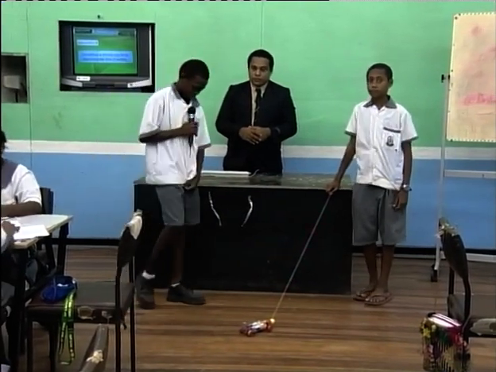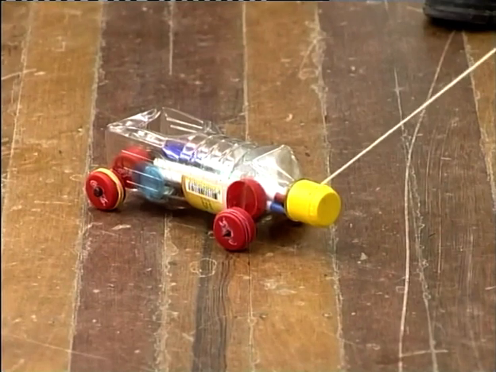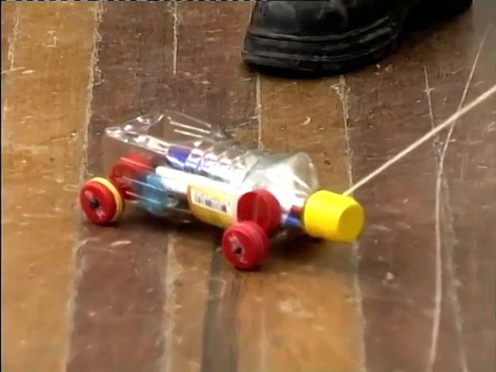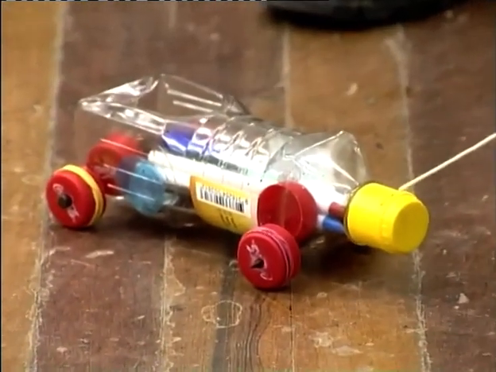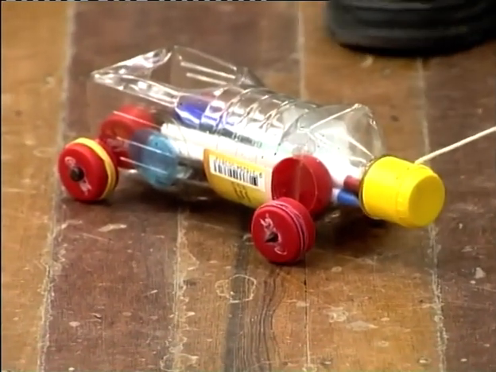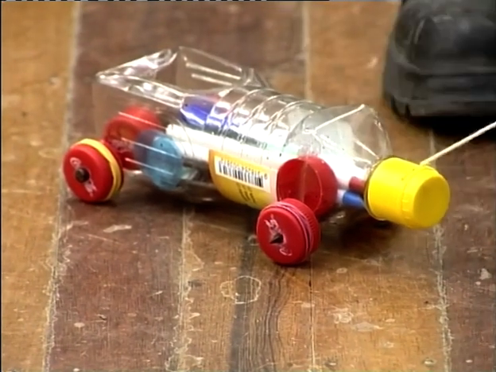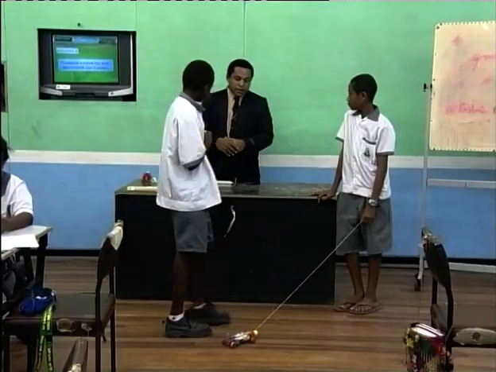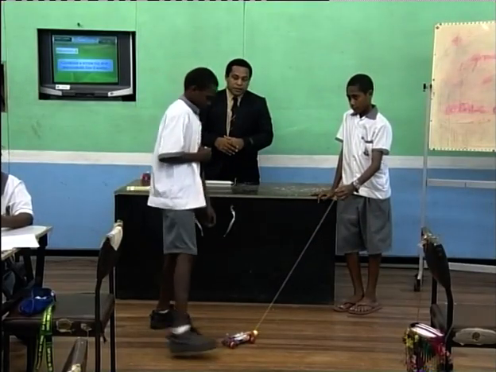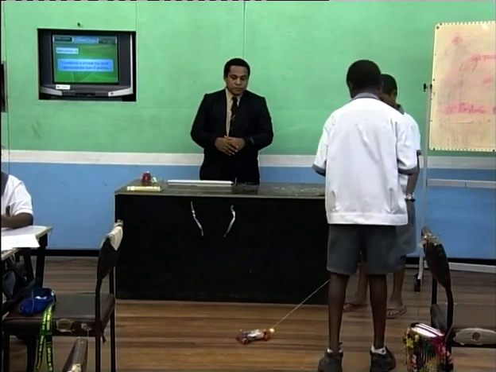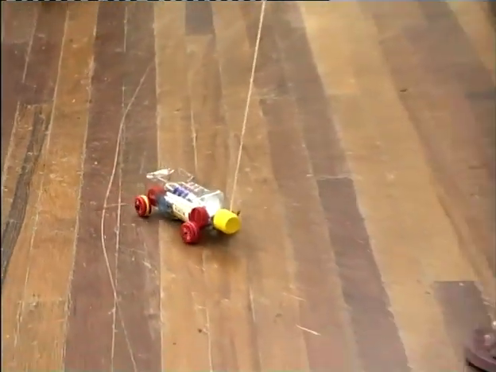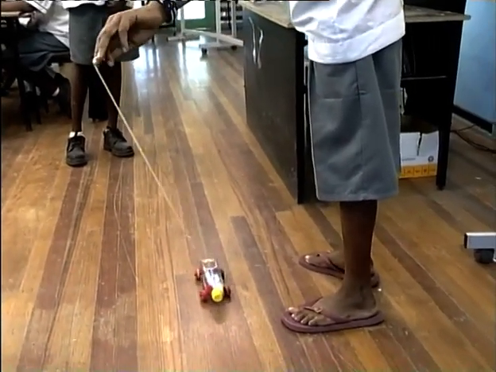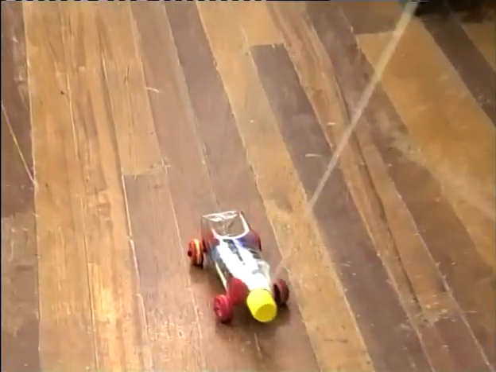Me and my group made a simple toy car with an oil container and the lids acting like wheels and the nail acting like an axle. Okay. Can you demonstrate to us how it works? Okay, very good.